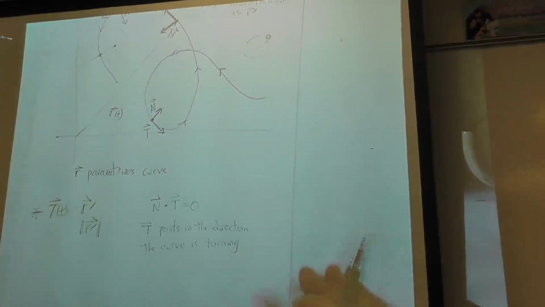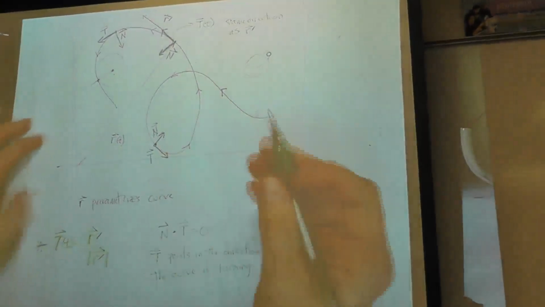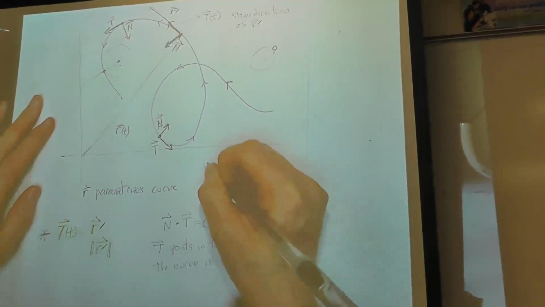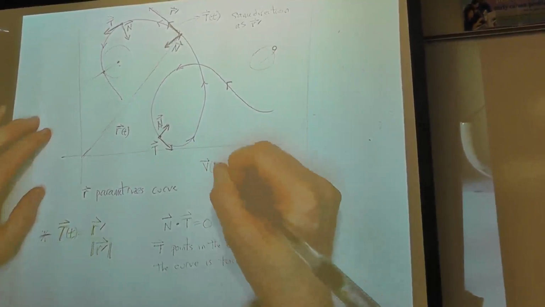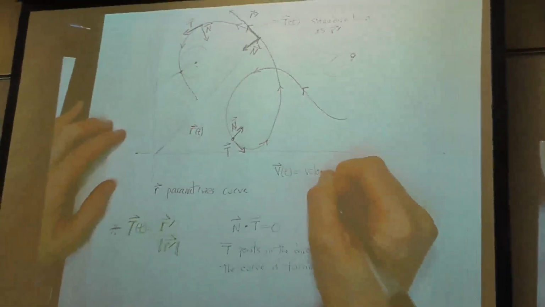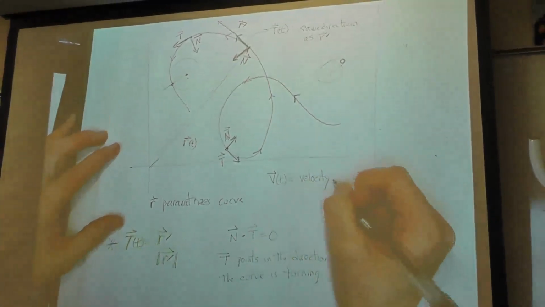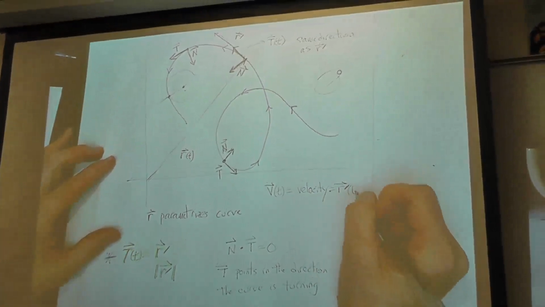Now, what do we want from this? What we want is, I want to notice that V is my velocity. So this would be R prime of t.